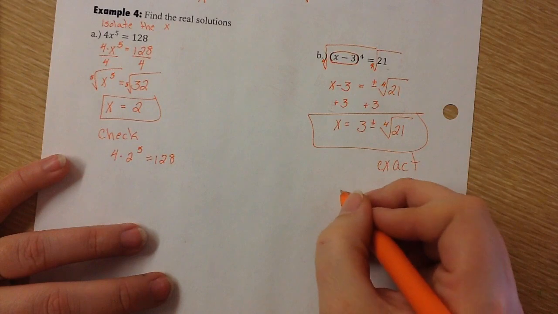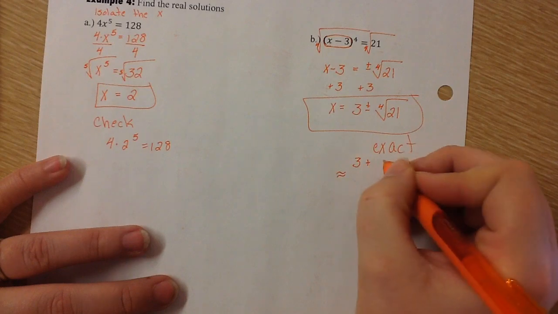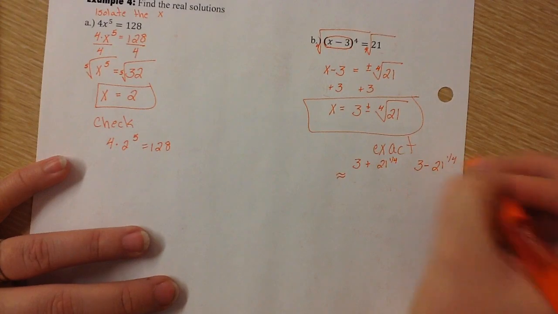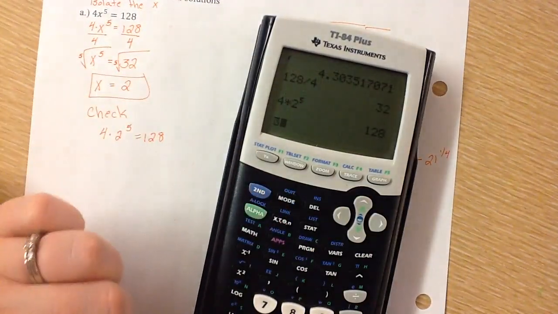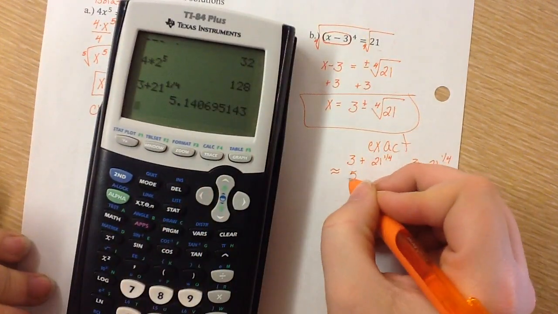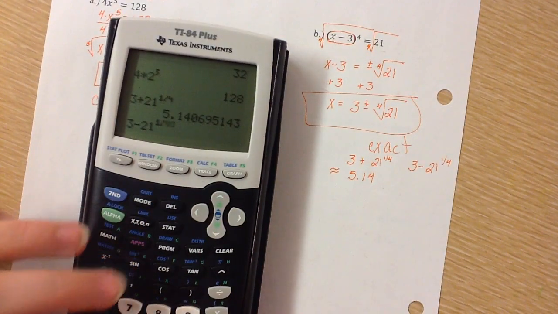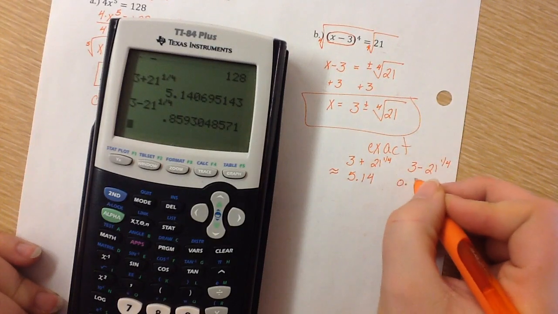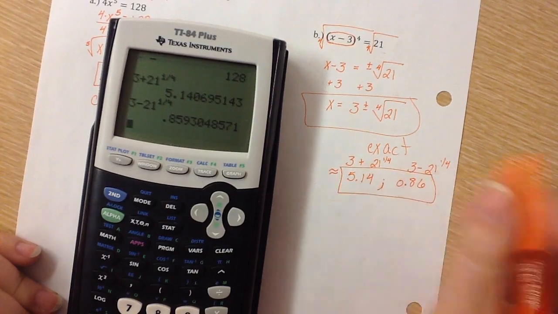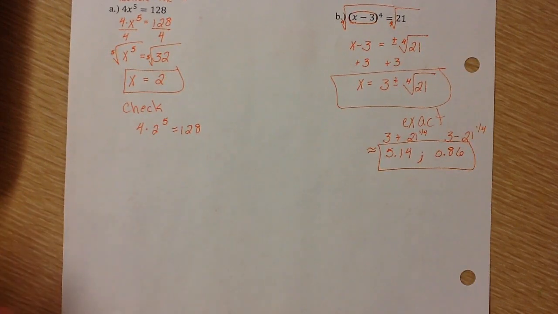But a lot of times we like approximations. So I'll take 3 plus 21 to the 1/4, and then 3 minus 21 to the 1/4. 3 plus 21 to the 1/4 gets me 5.14, and 3 minus 21 to the 1/4 gets me 0.86 to two decimal places. So there are our two solutions, 5.14 and 0.86. Go ahead and write down your practice and get to work.